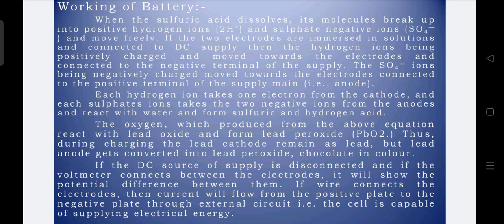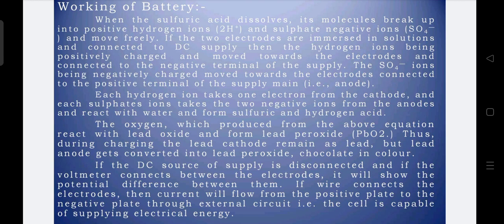The SO4 negative ions, being negatively charged, move towards the electrode connected to the positive terminal of the supply mains, therefore anode.